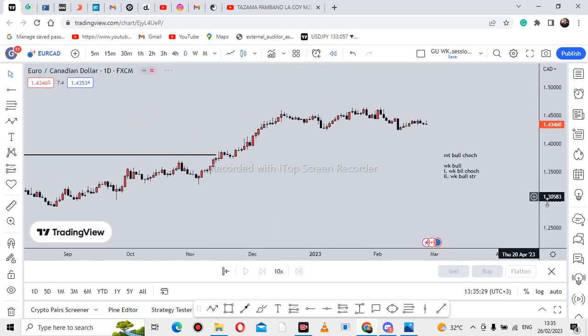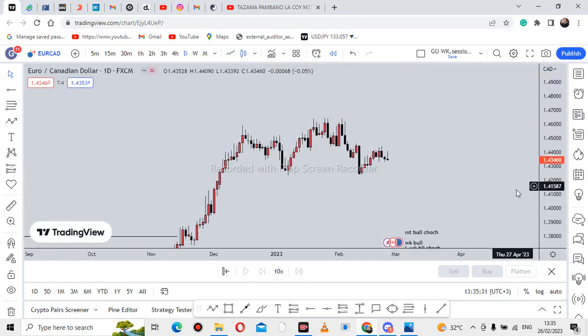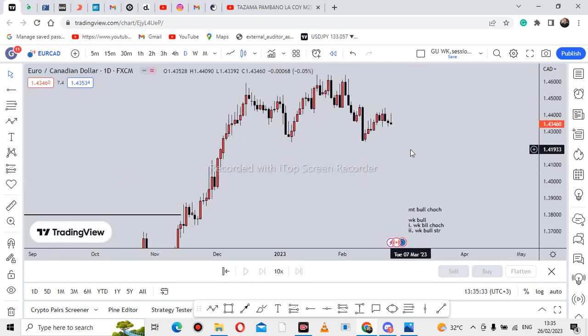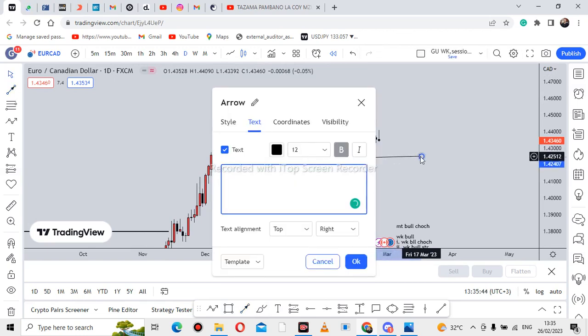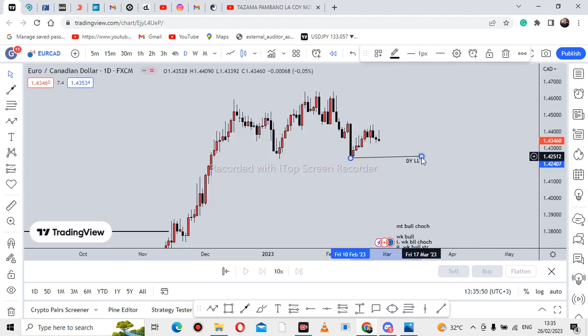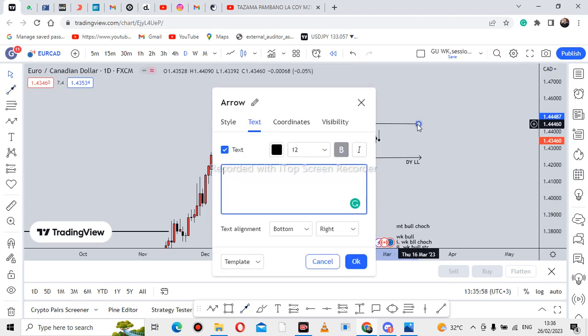When we got into the daily time frame, since the market was still making higher highs and higher lows, we had a daily lower low on the bottom, and on top here we had a daily higher high.